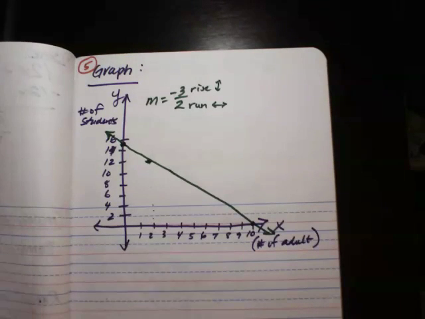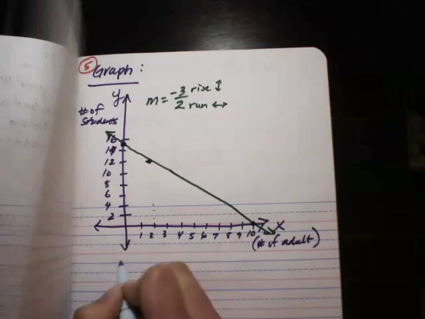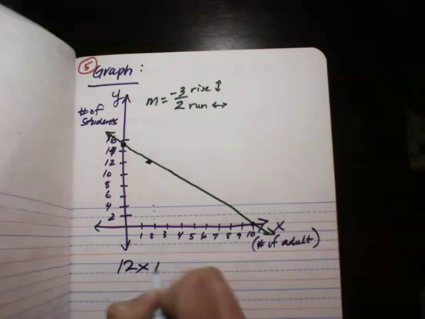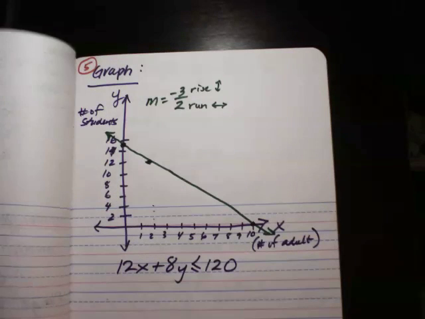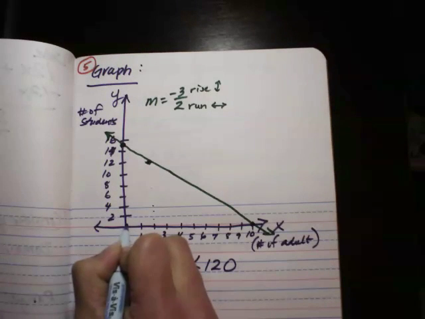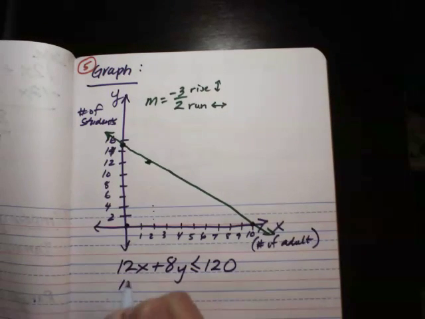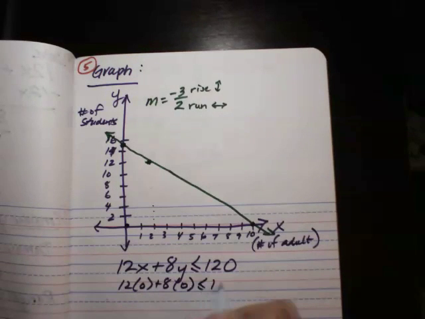Let's rewrite our original inequality: 12x plus 8y is less than or equal to 120. My favorite point, (0, 0). Let's plug that in. 12 times 0 plus 8 times 0 is less than or equal to 120. 0 is less than or equal to 120.